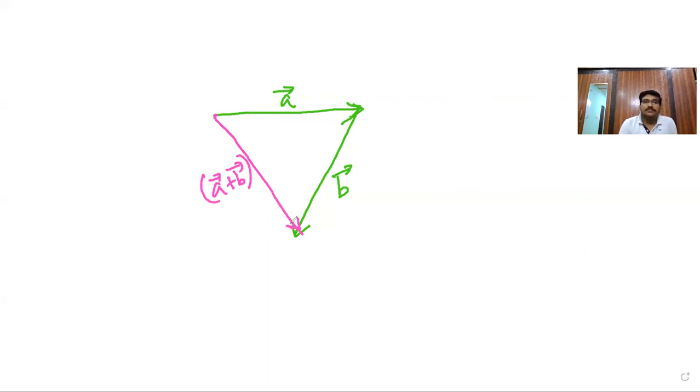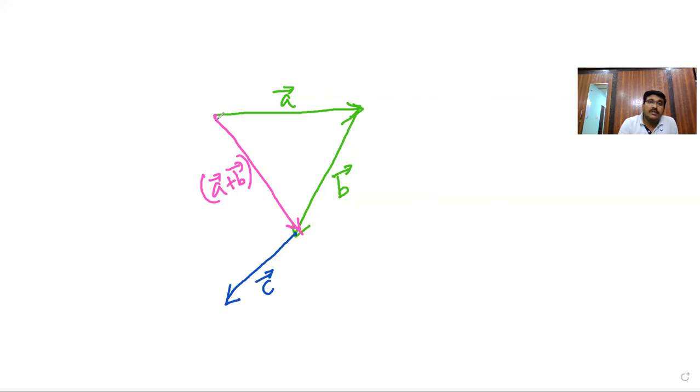Observe, to this vector, I want to add a third vector C bar. Let us say to this A bar plus B bar vector, to this head, the tail of the third vector C bar is attached. This is A bar plus B bar vector. To the head of this, the tail of the third vector C bar to be added is indicated here. Clear? This is C bar.